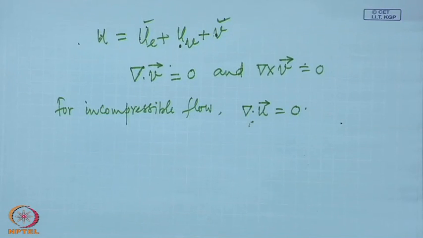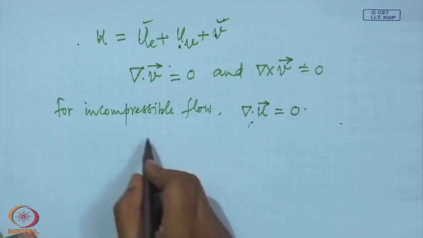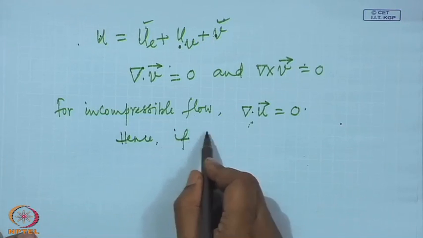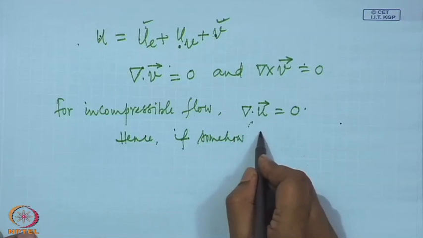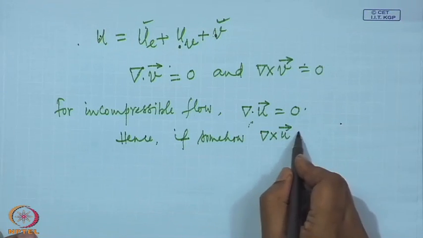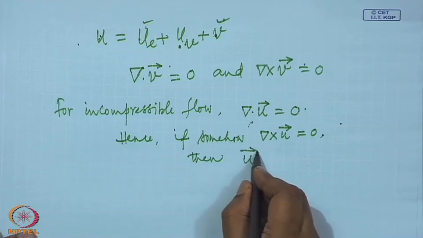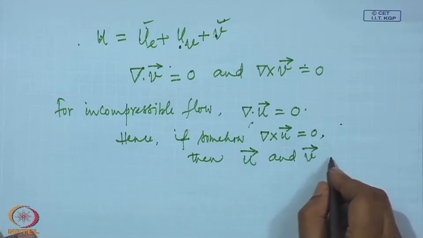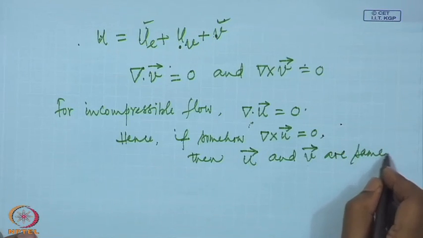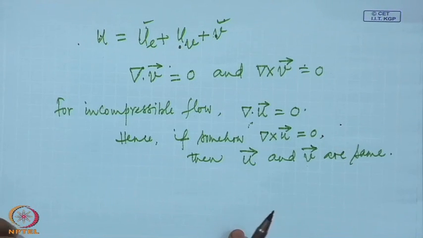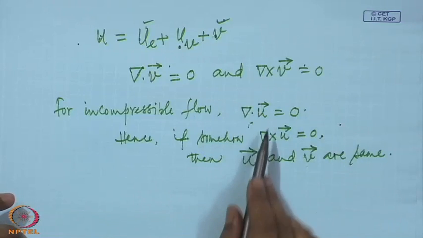Then u and V become the same, and in that case the velocity field is simply solenoidal and irrotational, both are satisfied: divergence of u is 0, curl of u is 0.